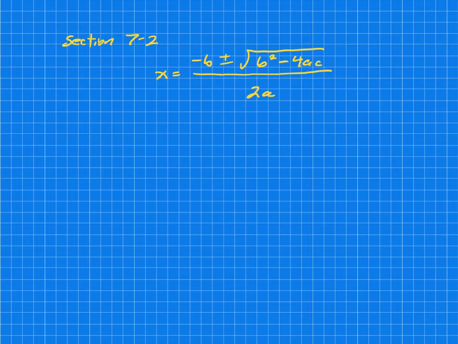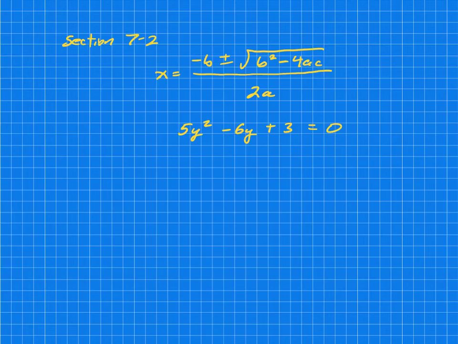And again, those letters come from standard form of a quadratic equation. So an example would be 5y squared minus 6y plus 3 equals 0.